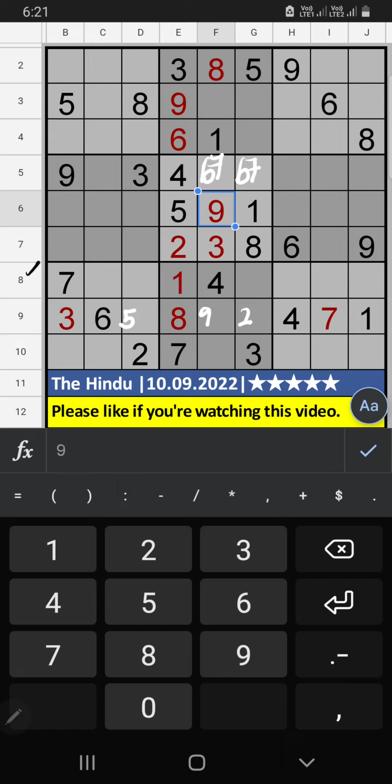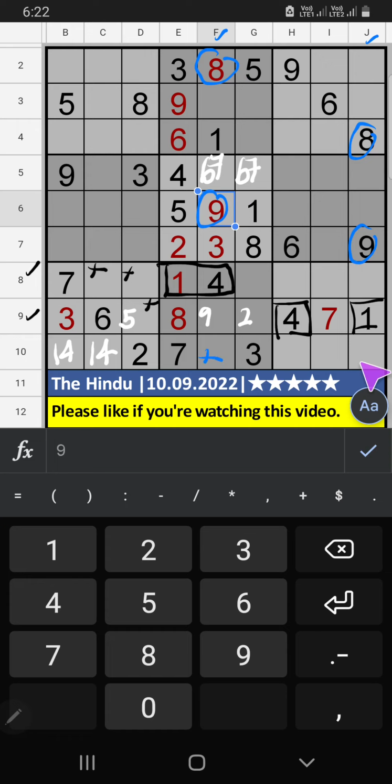8th row and 9th row we have pair numbers 1 and 4. So 1 and 4 can't come in these cells. It will come in one of the two cells. We will confirm later. Column F, column G, we have pair numbers 8 and 9.